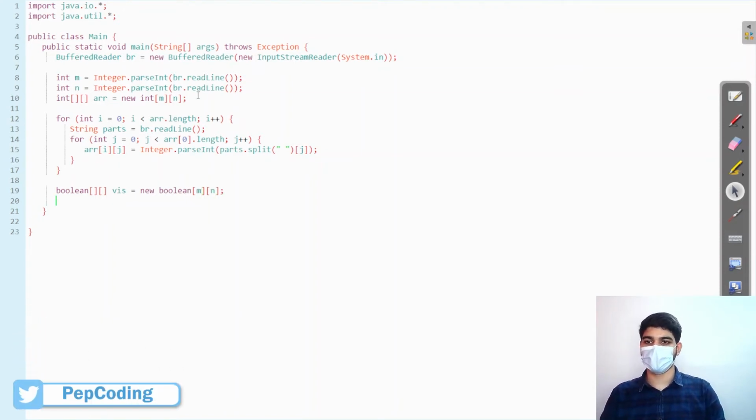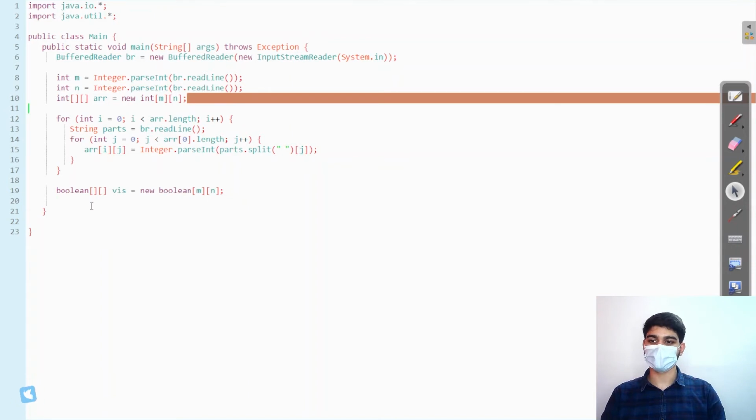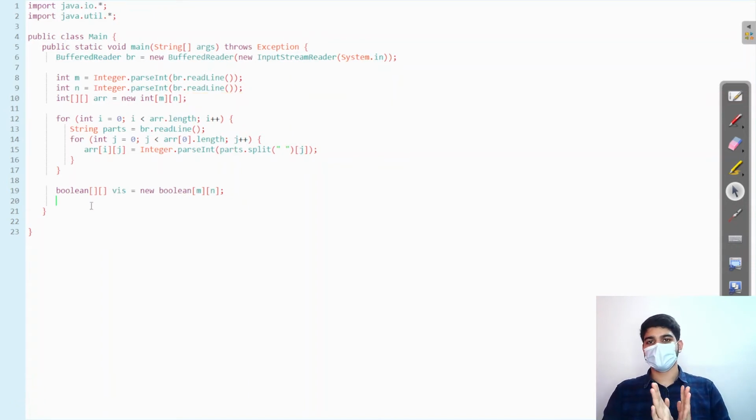Over here, if you see, it's m cross n. What we would do is traverse in the array. So I would have my i equals to 0 going till m, i plus plus. Then I would have my j, and j goes from 0 till n, j plus plus.